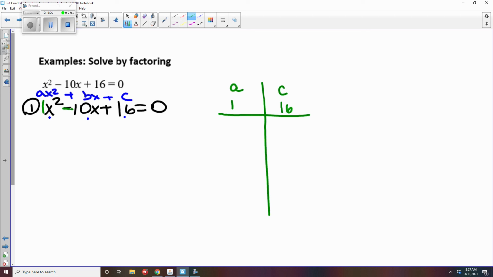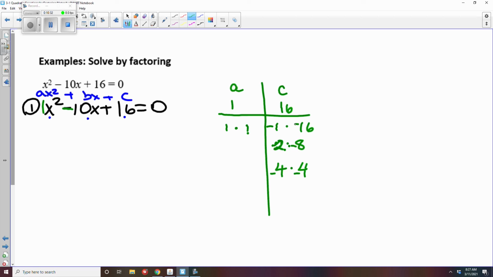So what's our factors of 1? Just 1 times 1. Alright, what's our factors of 16? 1 times 16. 2 times 8. 4 times 4. You got it, and that's it. Now, 2 positives can multiply to a positive, or what else can do it? 2 negatives. So I'm going to make everybody here negative: negative 4 times negative 4, negative 2 times negative 8, negative 1 times negative 16.